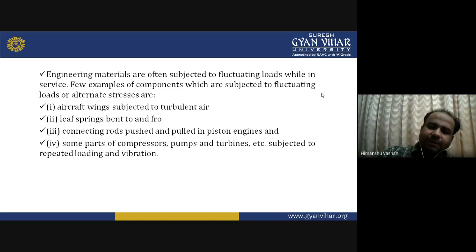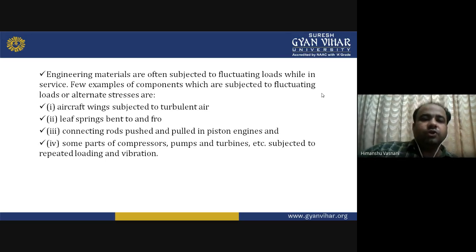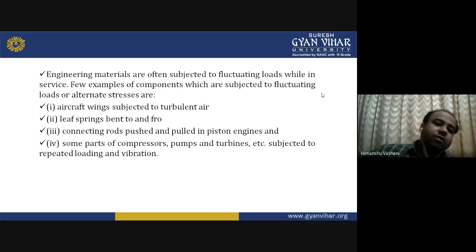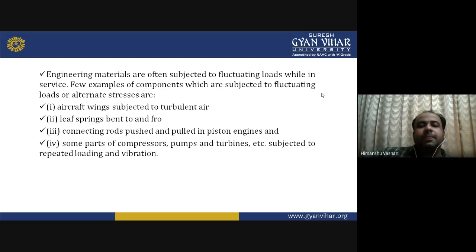A few examples of components which are subjected to fluctuating loads or alternate stresses are aircraft wings subjected to turbulent air, leaf springs bent to and fro, connecting rods pushed and pulled in piston engines, and compressors, pumps, turbines, etc., subject to repeated loading and vibrations.